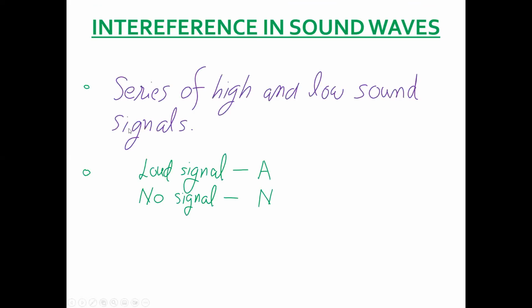Interference in sound waves: what is the output when sound waves interfere? They produce a series of high and low sound signals. A high signal means antinode and no signal, silence, means node.